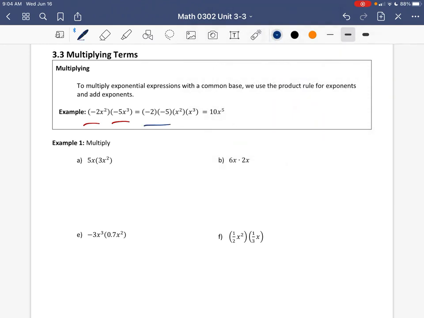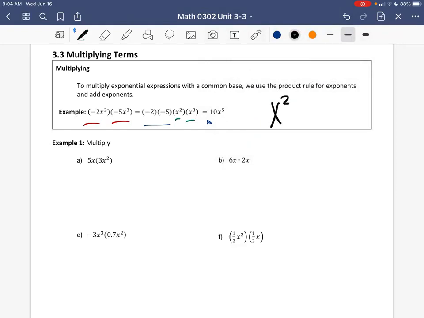And then in the last step, they multiply the coefficients. So negative 2 times negative 5 gives you 10. And then they multiply x squared times x raised to the 3, and this gives you x raised to the 5. Maybe off to the side we should do a quick review.